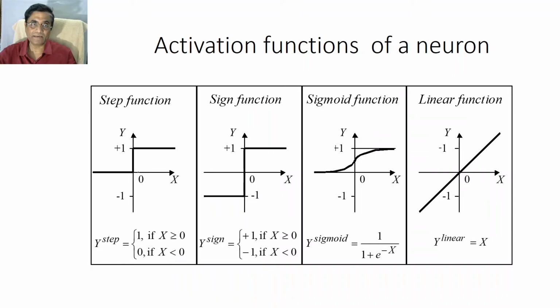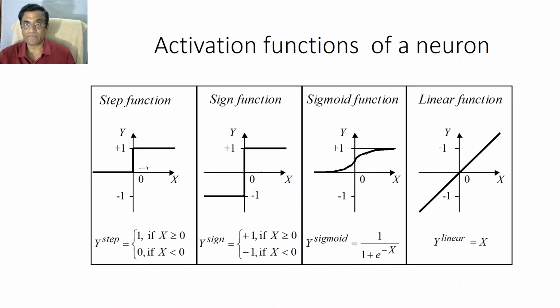If x is positive, then you have output y equal to +1; if x is negative, then output is 0. Sign function: if x is greater than or equal to 0, then output will be positive; if x is negative, then output will be -1.